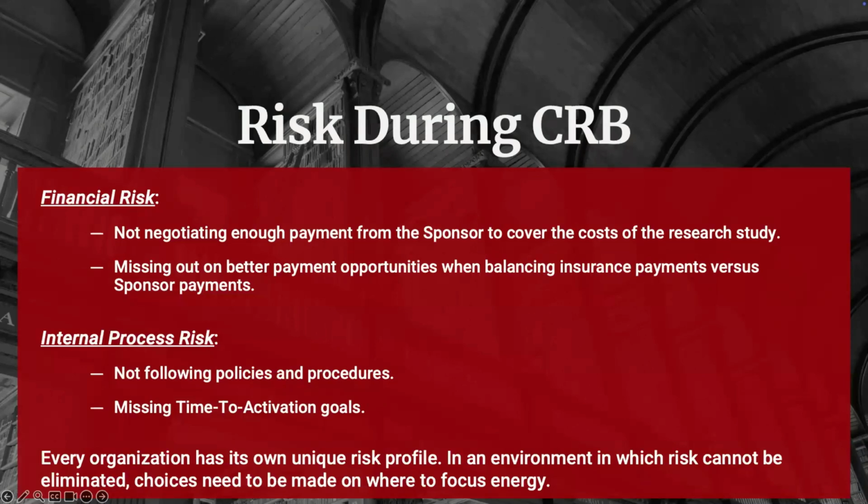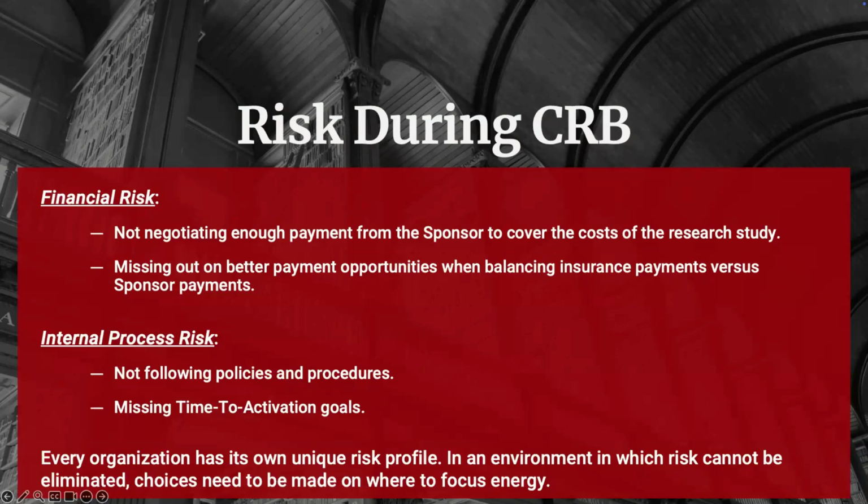This could be, maybe the sponsor is offering to pay for a variety of lab tests, but under the coverage rules, you can bill for those lab tests. What we normally see in these sponsors' budgets is that the sponsors' payment for those lab tests is going to be higher than the payment that you'd receive from insurance.